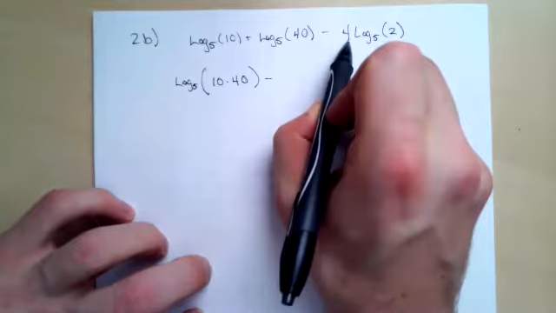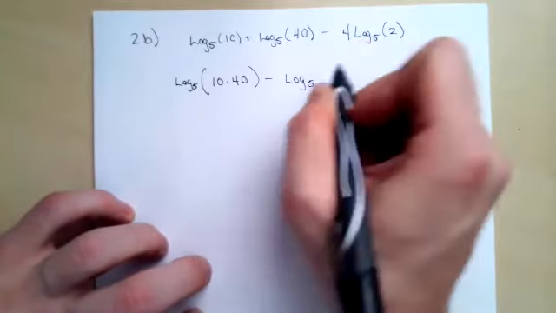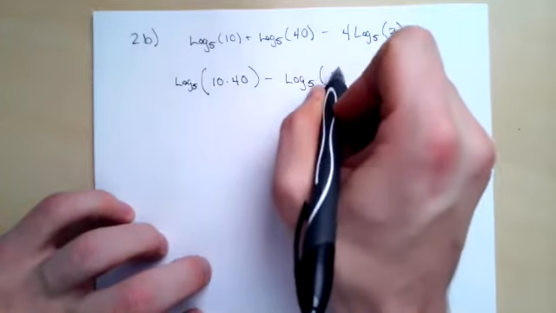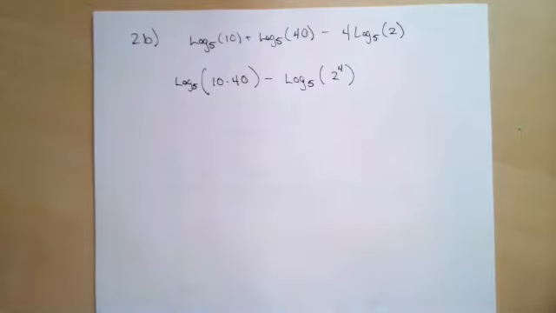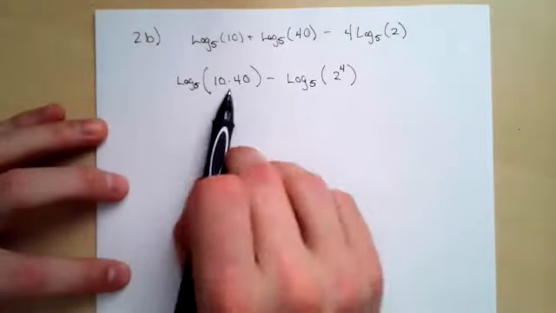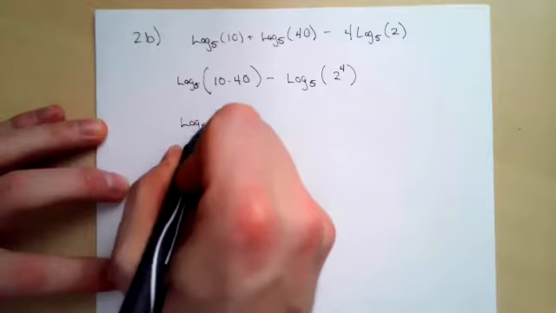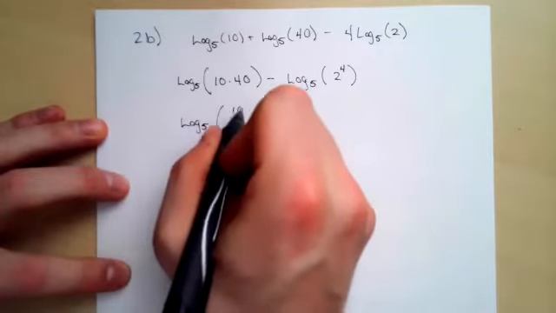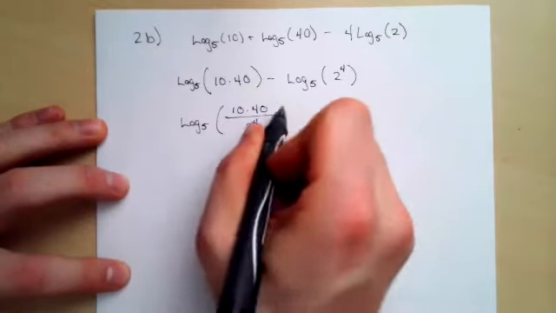And since this one has a 4 out front, we're going to use our property where multiplication outside of a log turns into exponentiation inside of the log. So that'll be log base 5 of 2 to the 4th. And now we're subtracting logs outside, which is going to be division of the arguments inside. So we'll have a 10 times a 40 over 2 to the 4th.